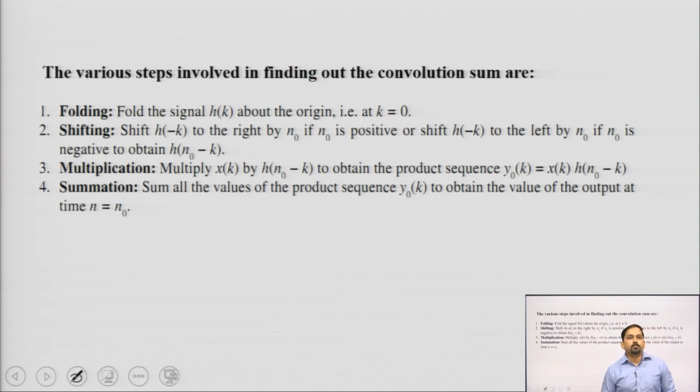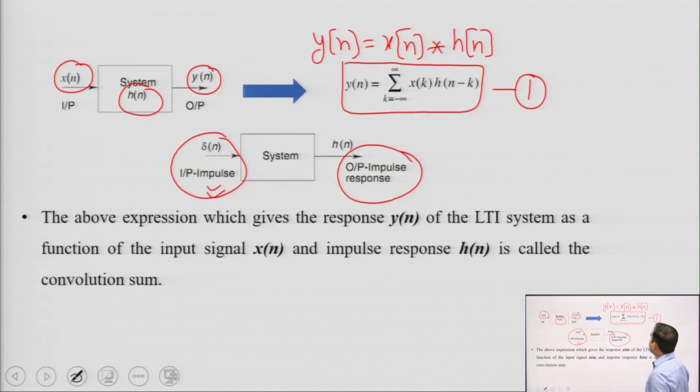So what are the basic steps in the convolution? We can clearly see from our last equation that first of all we are making h[n] into h[k], or basically performing h[minus k], which means we are mirroring the system.